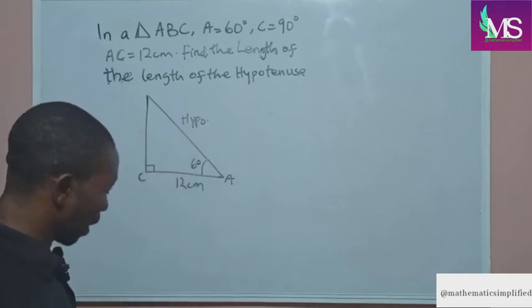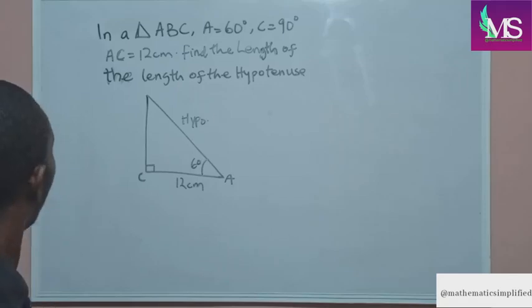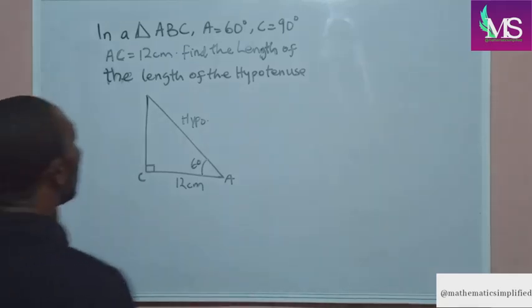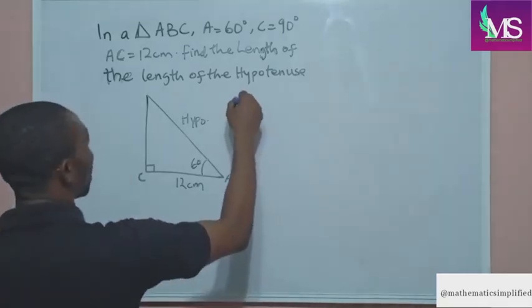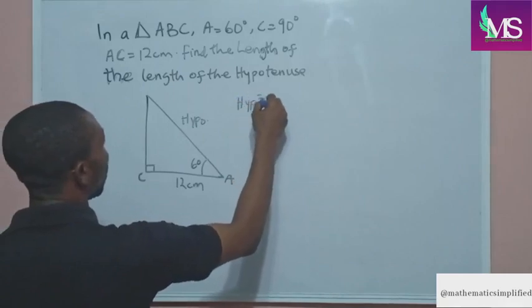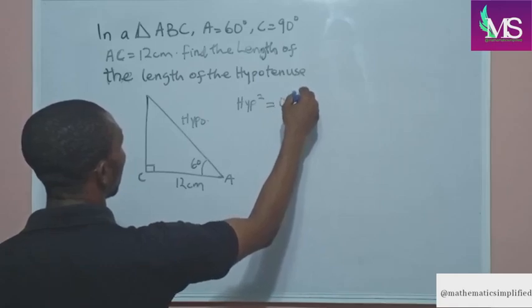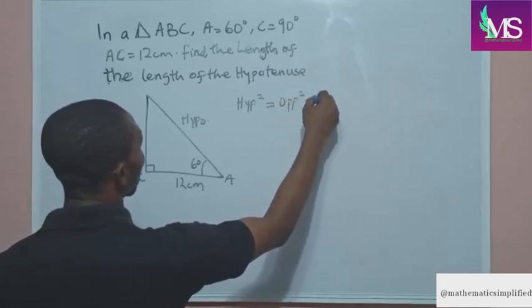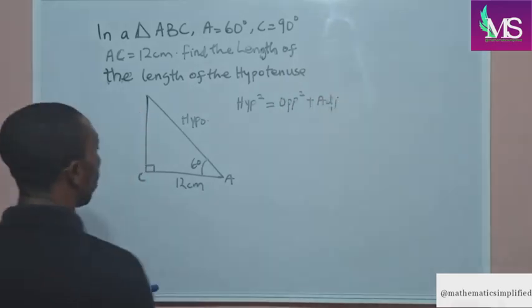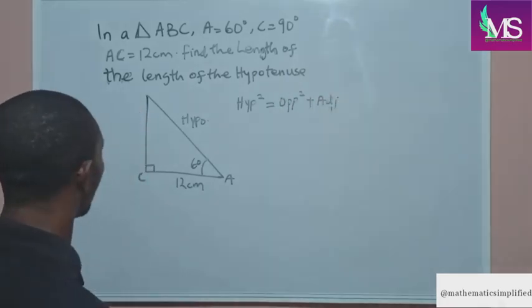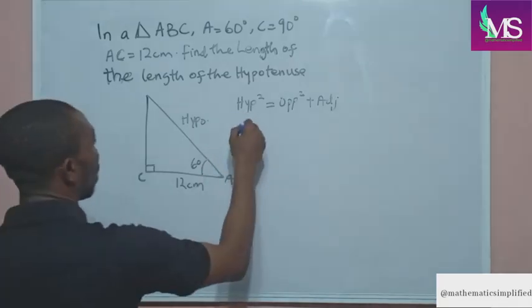Now, in finding our hypotenuse, we know that we can use the Pythagoras theorem, which says hypotenuse squared equals opposite squared plus adjacent squared. Or we can also use our SOHCAHTOA formula.